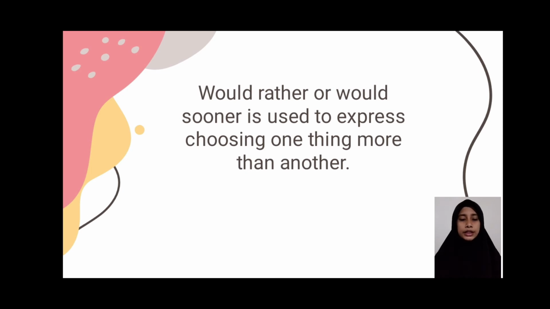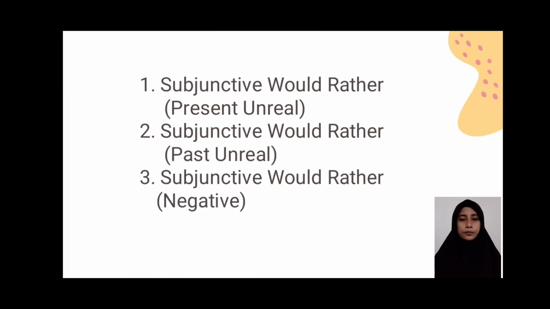Would rather or would sooner means the same thing, although would rather seems more general. There are three forms of subjunctive would rather or would sooner, namely subjunctive would rather present unreal, subjunctive would rather past unreal, and subjunctive would rather negative.